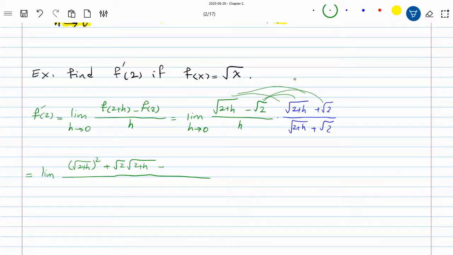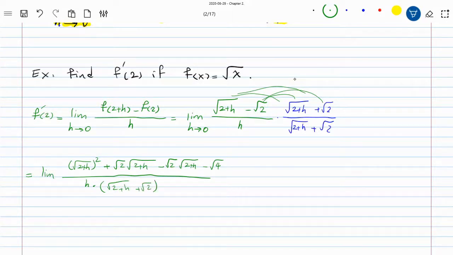Negative square root of 2 times root 2 plus h would be negative root 2 plus h. And negative root 2 times root 2, it's negative root 4. And I'll divide by h times this term, square root of 2 plus h plus square root of 2.